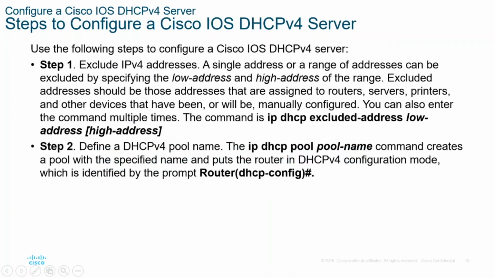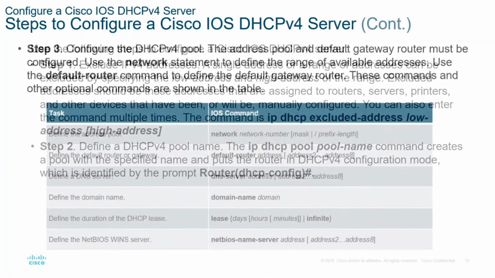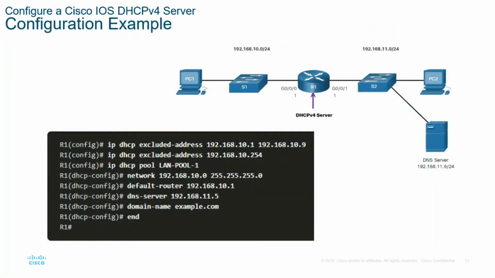After you have identified the excluded addresses, you need to create the DHCP pool name by issuing the command ip dhcp pool and giving the pool name. Then you set the network address. So this is the full example of the DHCP server configuration.